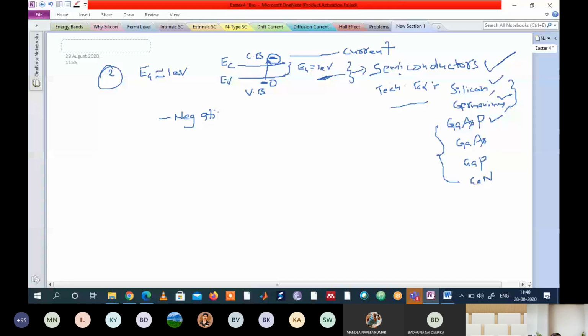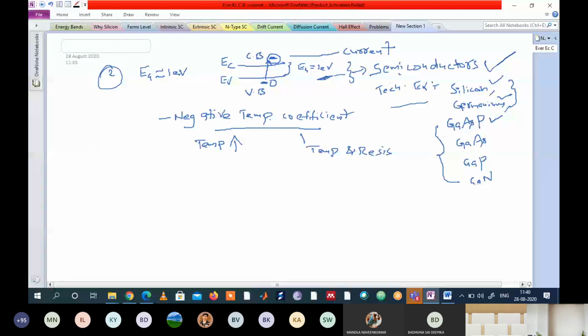What is this negative temperature coefficient? It tells you the relation between temperature and resistance.